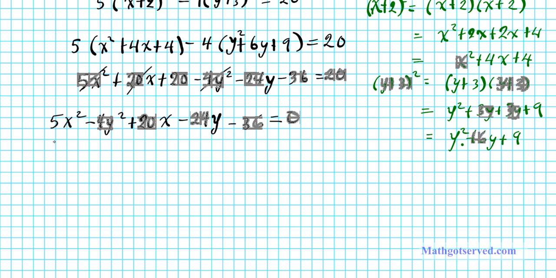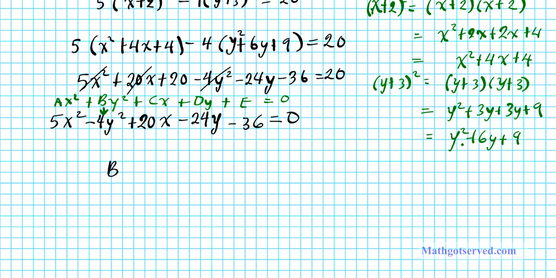We have ax squared plus by squared plus cx plus dy plus e equals 0. So what is b? We can see that b is the coefficient of y squared. So b is equal to -4. Okay? So that's that.